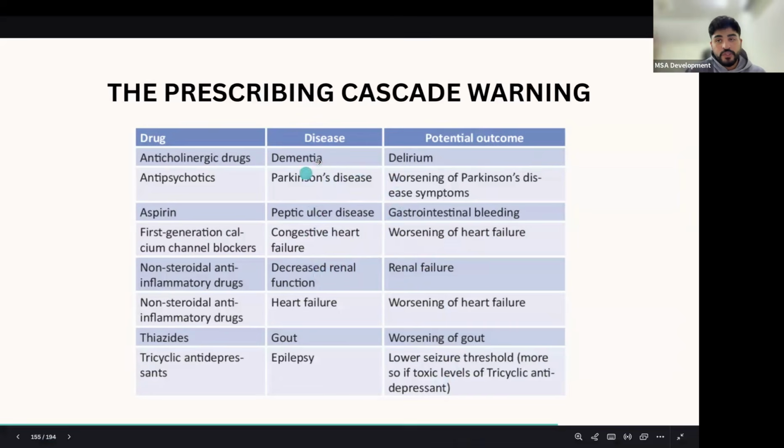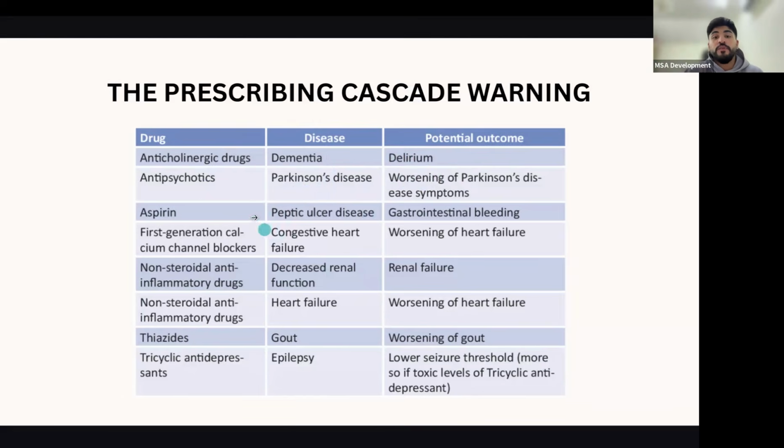If you give a patient who has dementia an anticholinergic drug, you're putting them at a very high risk of developing delirium. So they're going to get confused, and they're going to have an episode of delirium. If you give a patient antipsychotics who has Parkinson's disease, you're going to worsen their tremors.